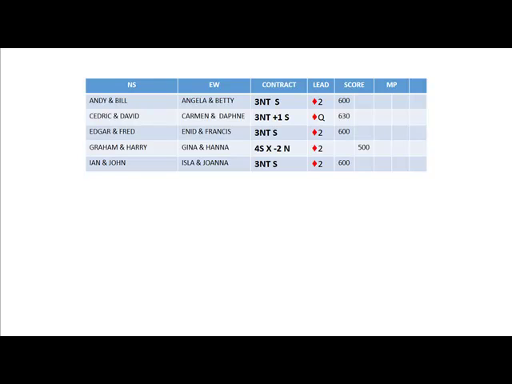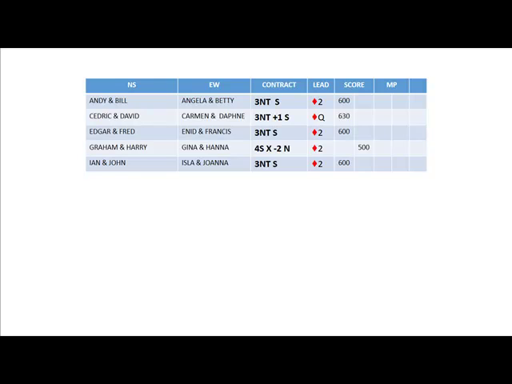Look at Graham and Harry's score. They've scored minus 500. And above them, Edgar and Fred have scored 600 points. That's a difference of 1,100 points. If you were playing bridge £1 a point, and some high-rolling players do play like that, then Edgar and Fred would have won 600 points, £600 on that particular hand.